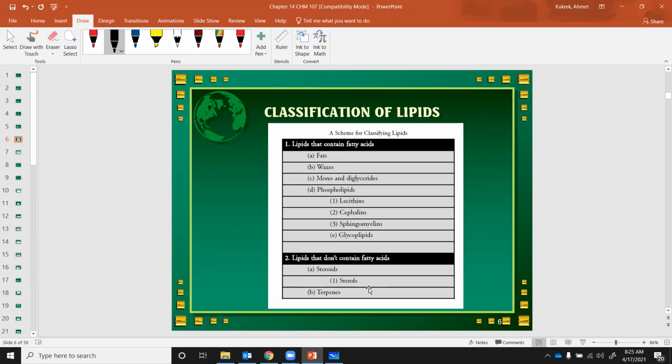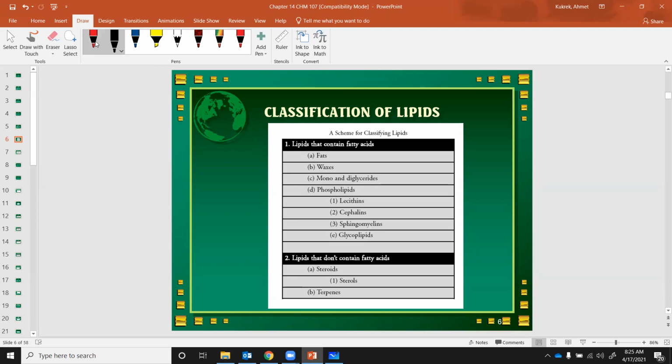In the PowerPoint, it's not really going with this order, but I'm going to be following this order on my whiteboard. We can categorize the lipids in two different ways. The first one is the lipids that contain fatty acids.